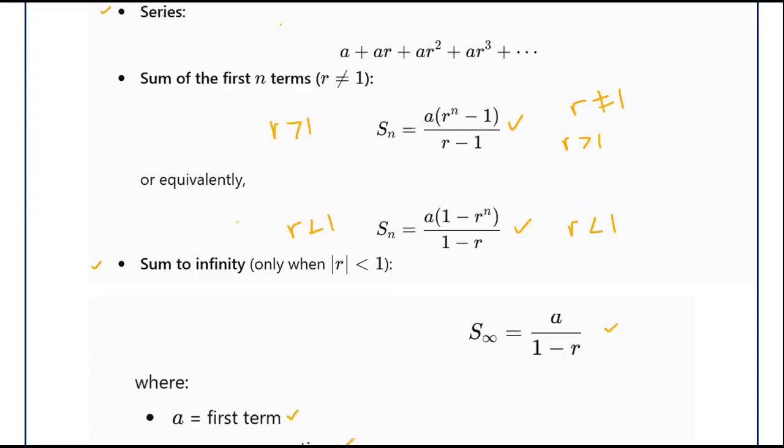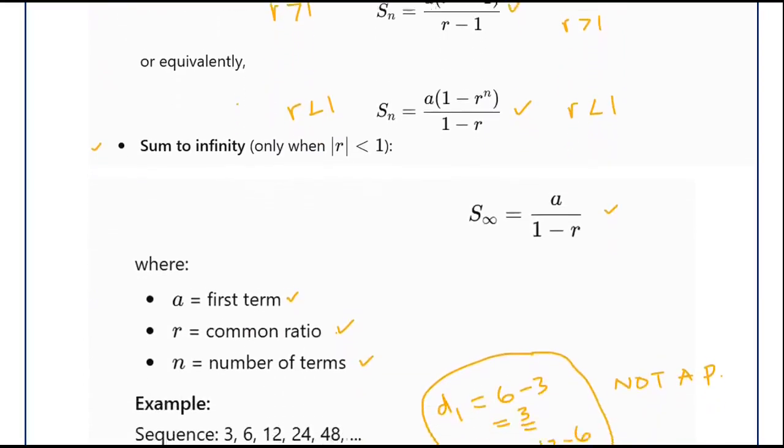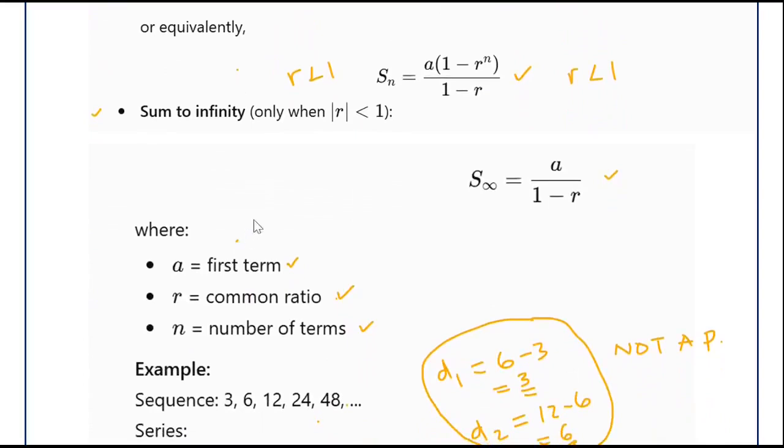And then to get the sum to infinity, if they have asked you to find the sum to infinity of a given series, then you use this formula: the sum to infinity is A out of 1 minus R. And strictly here, the magnitude of R is less than 1. But certainly, when the question has asked you to find the sum to infinity, the question is already standard that the magnitude of R will be less than 1. So that is not your task to figure out.